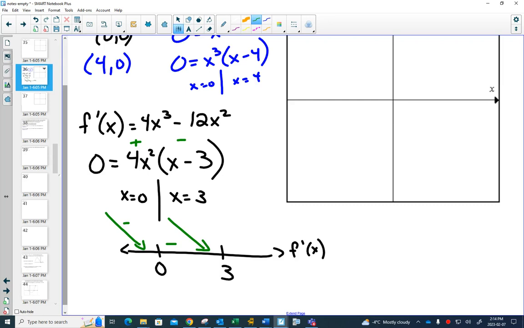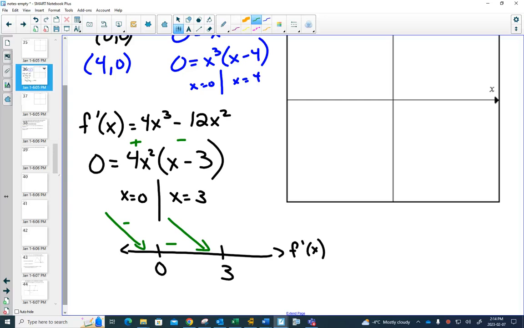And so this is an interesting graph because we have two sections negative in a row. That does tell us something about 0. 0 is not a minimum. It's not a maximum. It will be a stationary point of inflection. So it's going to flatten out but keep going down.